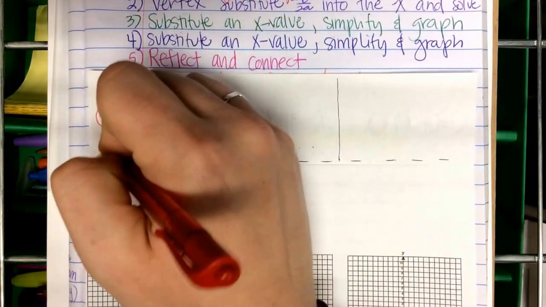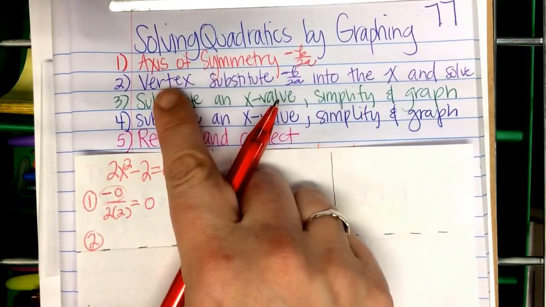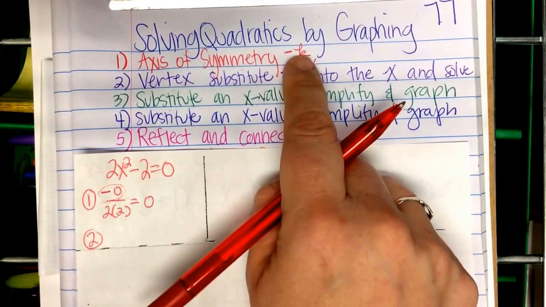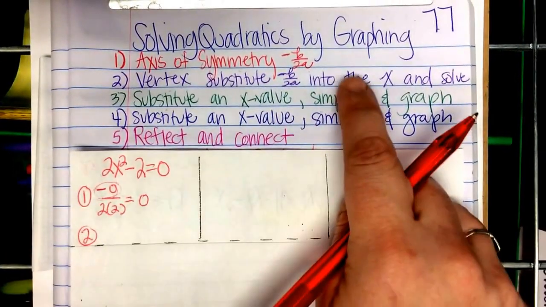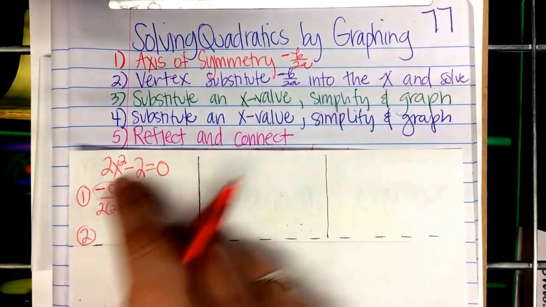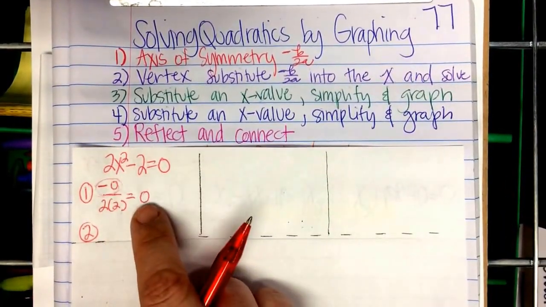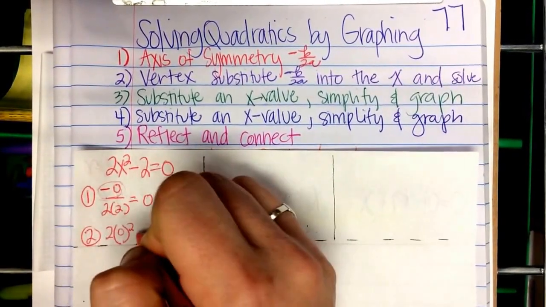Step 2 was to find the vertex. So you substituted negative b over 2a, which what was our answer to negative b over 2a? 0. So we're going to substitute 0 into the x and solve. So I go back to the original problem. Instead of x, I'm going to put in 0. So 2 times 0 squared minus 2.